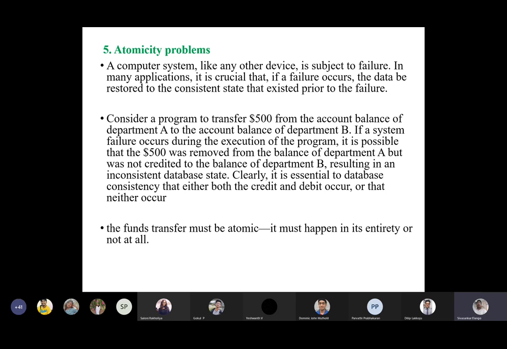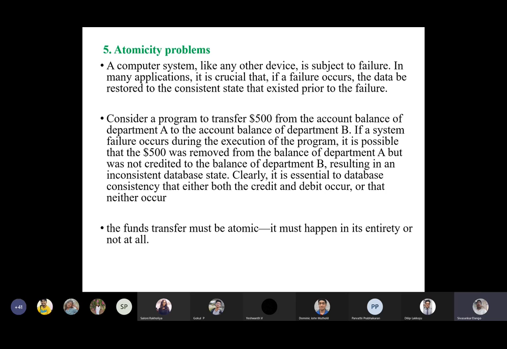Computers are electromechanical devices and they are subject to failure. Let us assume that the amount is debited from the student account, but before crediting it into the institute account, there is a failure. There may be a power failure, hardware failure, software failure, or network failure.